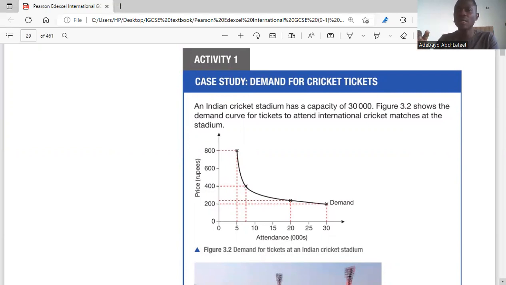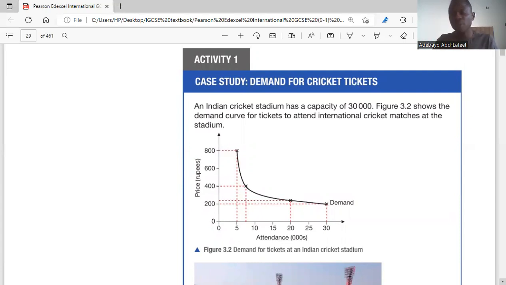So there are other factors that could change the demand curve. These factors at this point in time remain constant, ceteris paribus. So what I'm saying is that when we are talking about the price of a product, we would not talk about other factors that could also affect demand. Demand is not only affected by price; there are other factors that could also make the demand for a product reduce or increase.